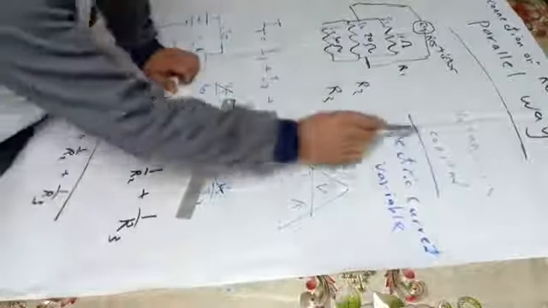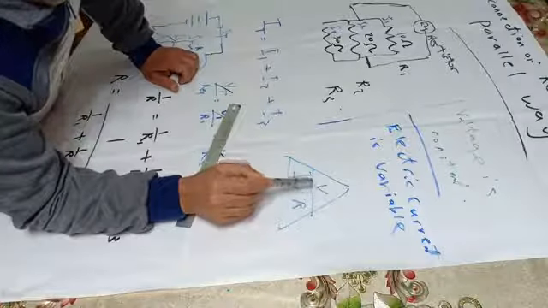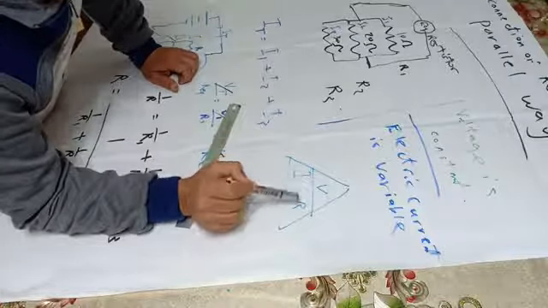If you collect them together in parallel way like this, the voltage is constant, but electric current is variable. By Ohm's law, V equals I times R, or voltage equals electric current times resistance.